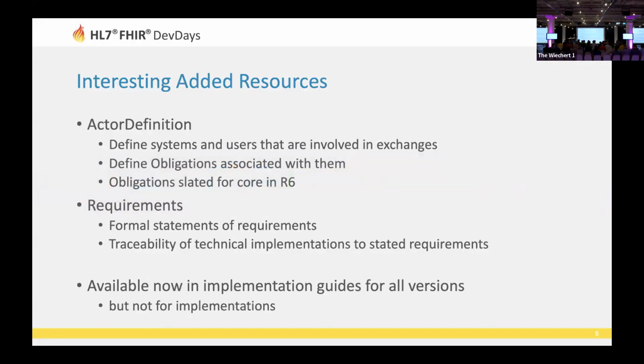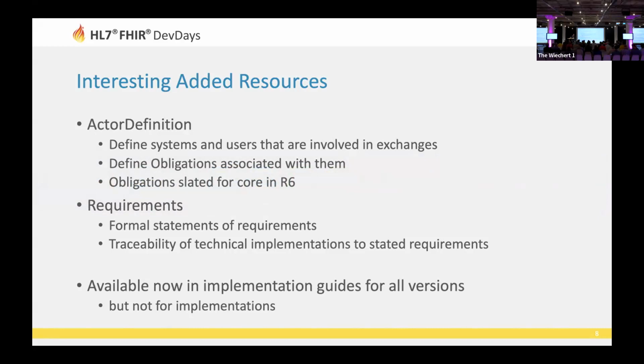Obligations are taking must support and saying, well, actually, what does must support mean exactly for which actors? So now we can say, if you're a server, you need to populate this field if you have it. If you're a client, you need to display this field if it's present. And we can be very specific about the obligations on applications, and we link them to actor definitions.